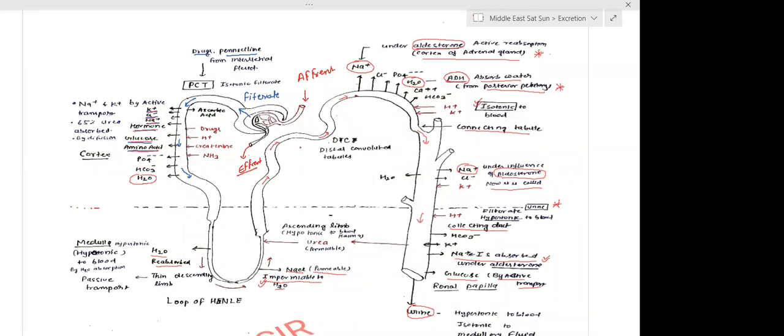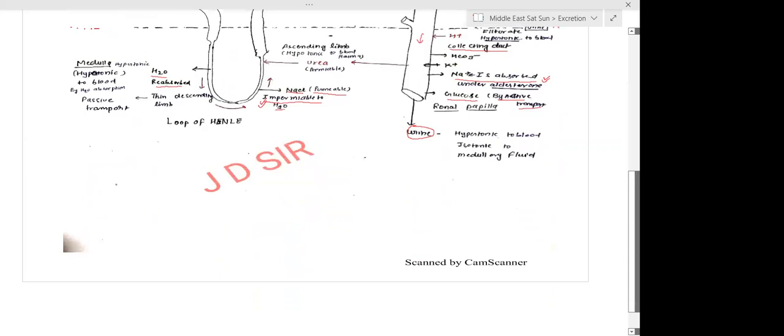Look, keep in mind the headings whatever I am discussing with you. First we are studying glomerular filtration, and then the second heading is tubular reabsorption.